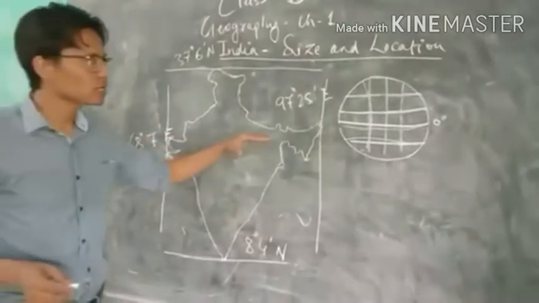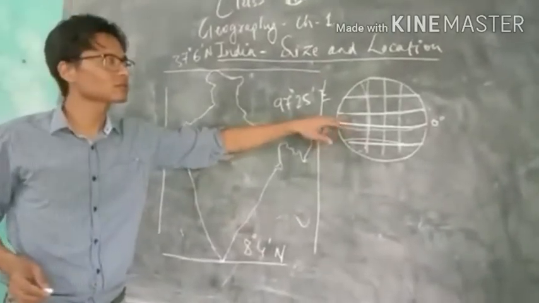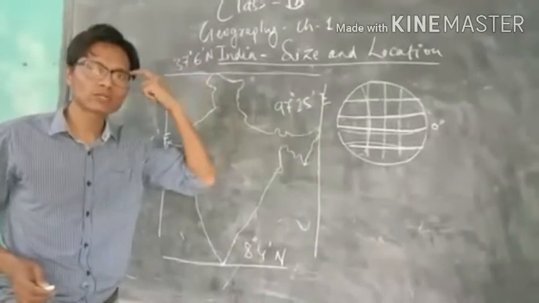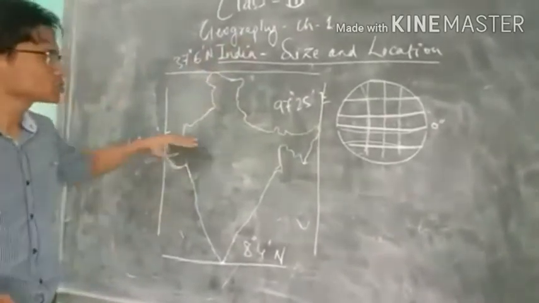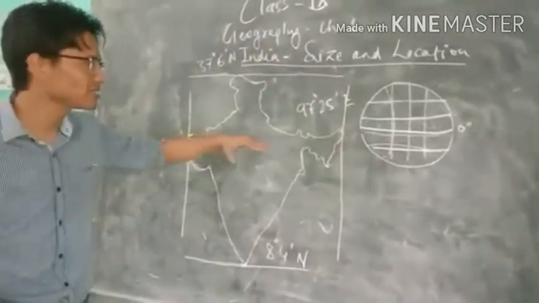So I was telling you, the Tropic of Cancer is one of the important latitudes. It passes through India, through 8 states in India.